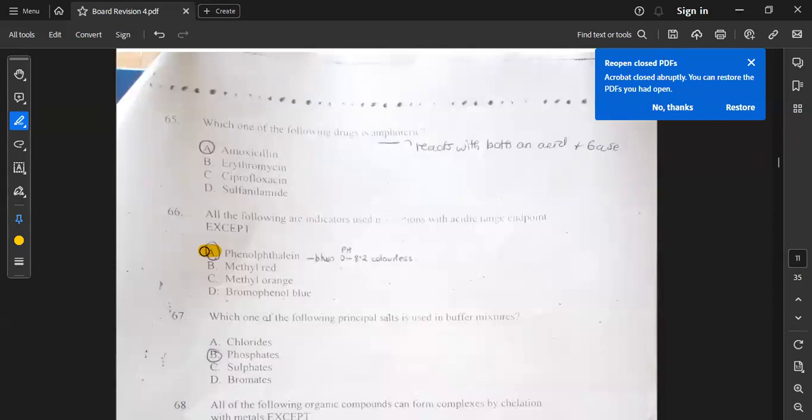Then the other ones, the methyl yellow, bromphenol blue, methyl orange, bromocresol green. I think it's easier to remember the ones for the basic reactions. Then for the acidic, you'll do elimination.